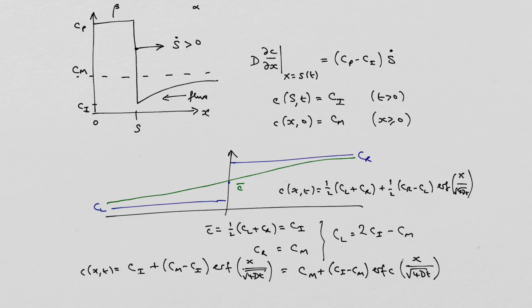That would be a solution that satisfies the conditions that I want. At x is 0, the complementary error function is 1, and so the solution is CI. So this would be like having an interface at x is 0 there. And as x tends to infinity, the complementary error function goes to 0, so the solution goes to CM.